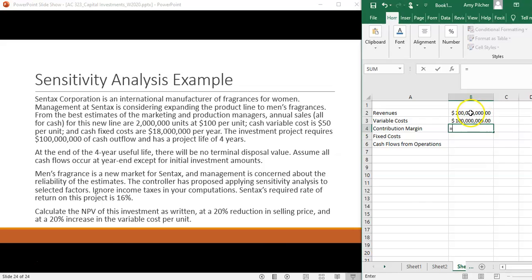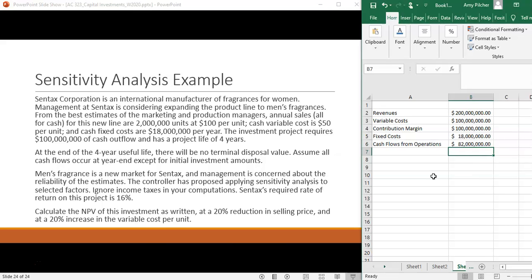Contribution margin, revenues minus variable costs. Our fixed costs are 18 million, and our cash flows from operations, contribution margin minus our fixed costs. So we have cash inflow from operations of 82 million.